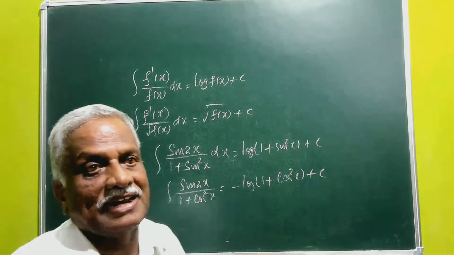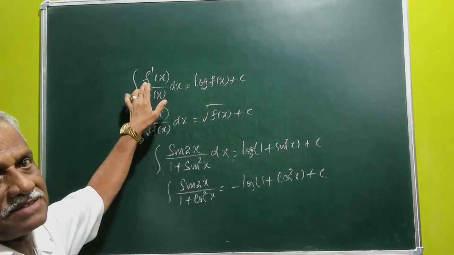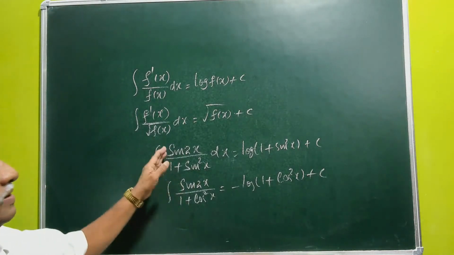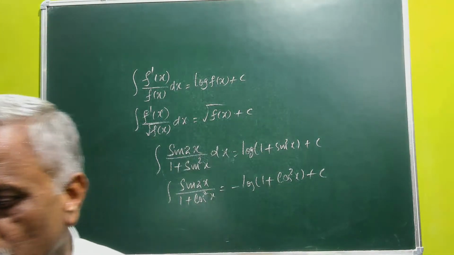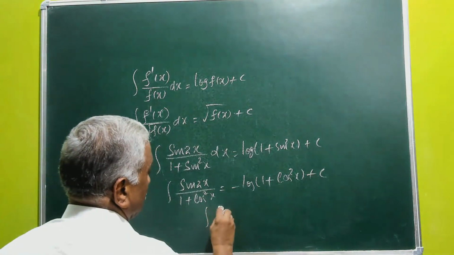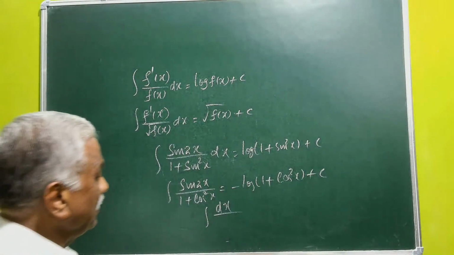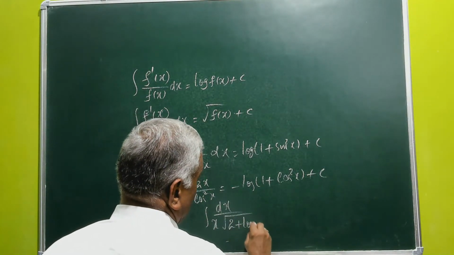Normally, some problems are given like this. You have to recognize that. The given problem is f dash of x divided by f of x, so can I write the answer? Or f dash of x divided by root of f of x; these two types of problems are given. One more problem, dx over x into root of 2 plus log x.